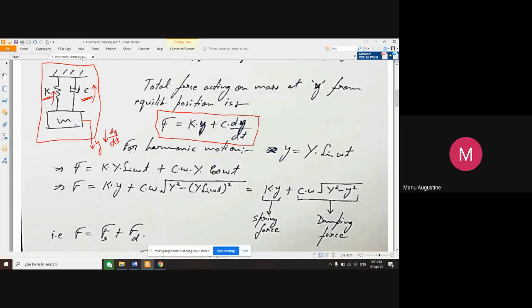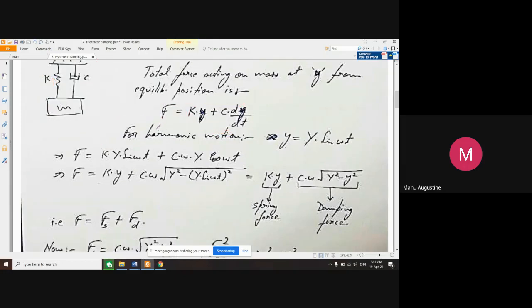So if you draw the free body diagram in this case, you should easily be able to connect the dots and say that at a random displacement of y, the upward force or the net force acting on the mass is given by ky plus c into dy by dt. Okay.